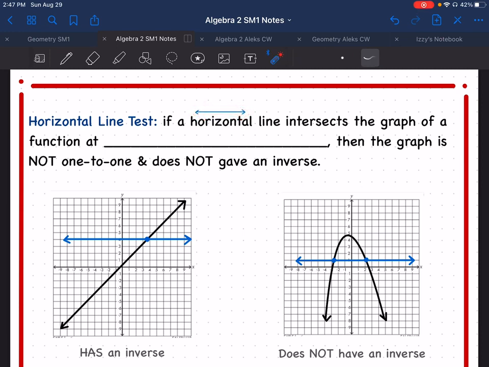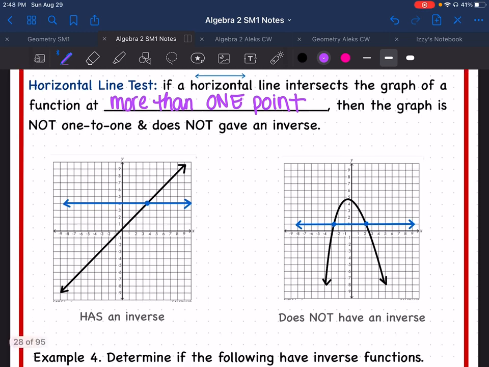If a horizontal line intersects the graph of a function at more than one point, then the graph is not considered to be one-to-one, which means it does not have an inverse. If a horizontal line intersects a graph more than once, it is not one-to-one, and thus it is not an inverse.